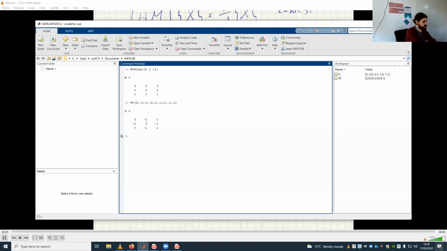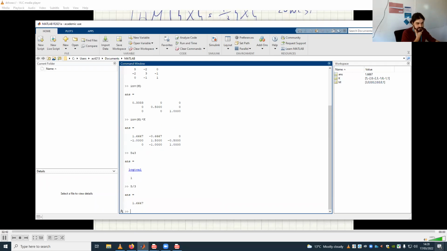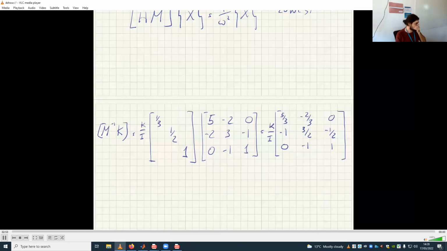Okay, I take the inverse of M times K, which is 1.667. Is this 5 divided by 3? Yes. The signs, negative, positive, that's correct. That's exactly what I got here.